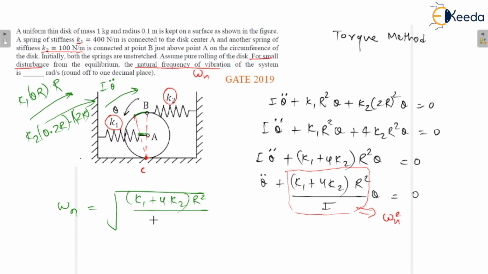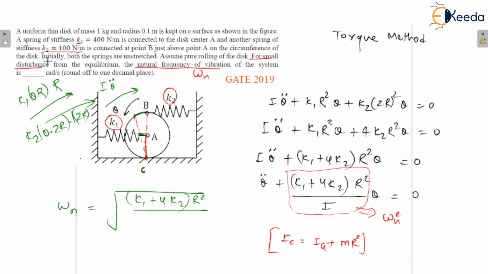What is the value of the moment of inertia? We are considering torque about point C, so the moment of inertia would be about C. You can calculate it separately. IC is equal to IG plus M multiplied by this distance, which is basically R, so this is mr square.